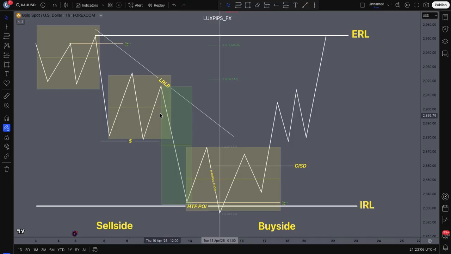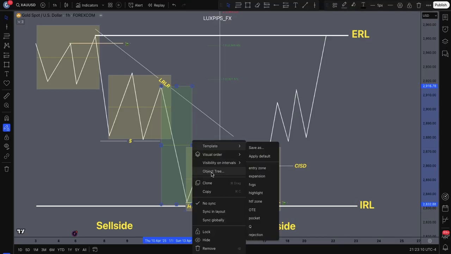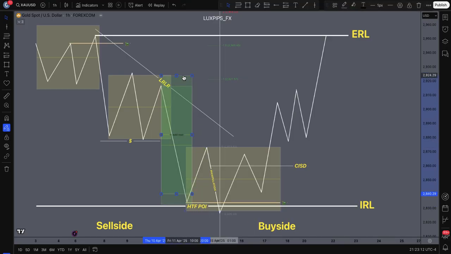As we all know, accumulation, expansion, reversal. Of course, I said earlier, these are both types of liquidity, so it can be like this too.